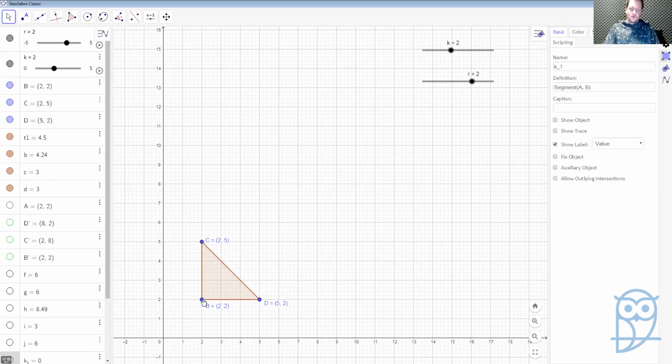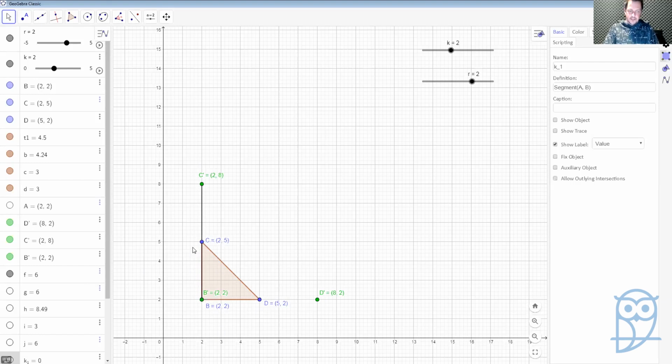Now, when we use an enlargement, we are going to multiply these distances of the sides by a factor, by a number. So for example, if we want to multiply it by 2, we would then get this. Just take note, this distance here from B to C is that line there.